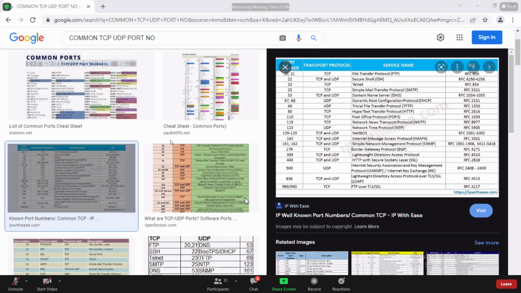So what is RFC? RFC stands for Request for Comments. Basically, these protocols are made by organizations of different engineers. Different organizations and engineers come together and make these protocols and services.